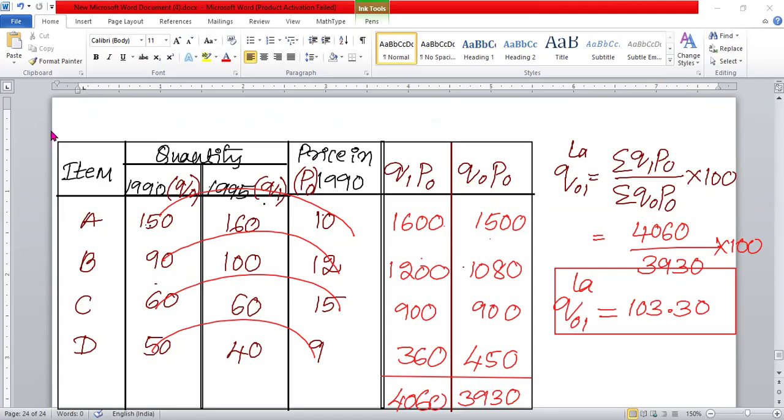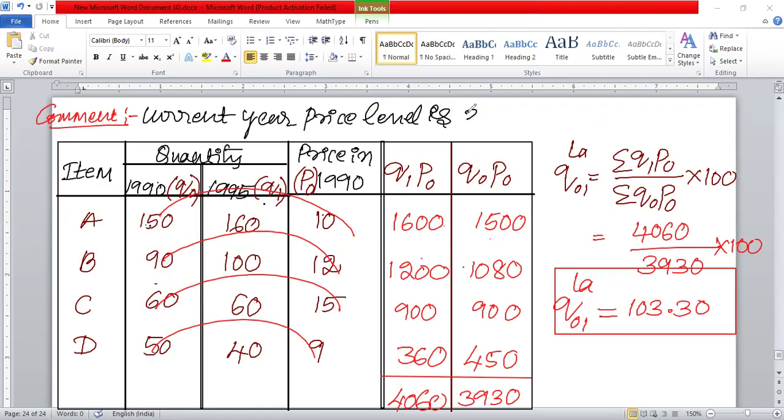So the comment here: current year price level is 3.30% more than the base year price level.